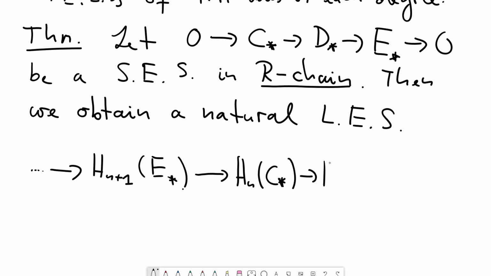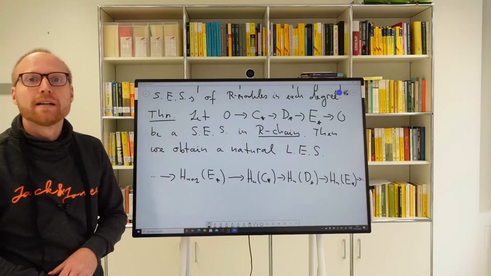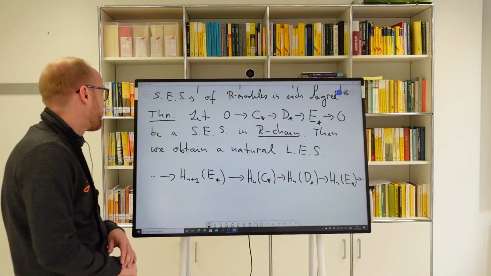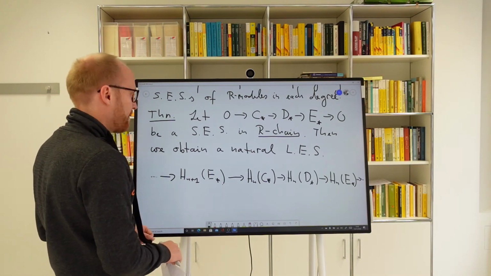From there we go to the nth homology of D star. And from there we go to the nth homology of E star. And afterwards the pattern repeats, so it goes on and on. This is the main theorem we've got to prove, and we'll see afterwards that as an immediate application of this theorem, the long exact sequence axiom for singular homology will come out.